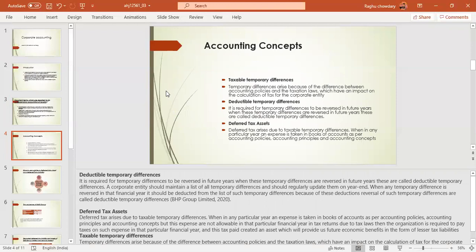This can have an impact during the calculation of the tax for the corporate entity, in which it has to maintain the list of temporary differences, and it has to be updated at year end. And when a temporary difference is reversed in a financial year, it has to be deducted from the list of such temporary differences.